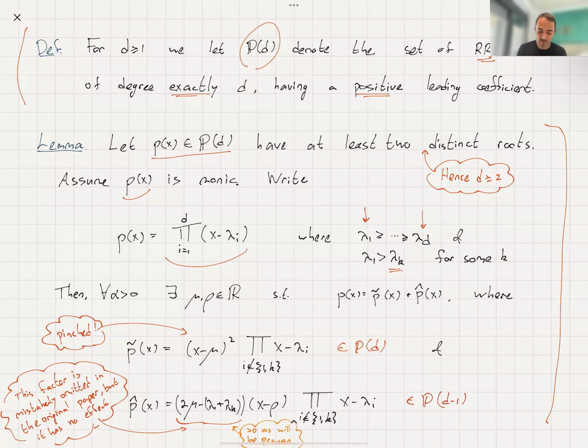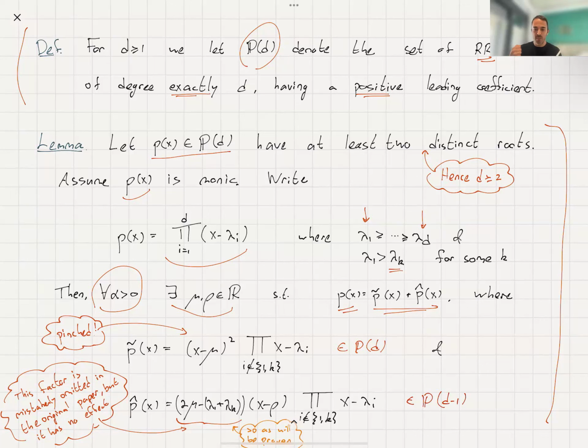Then for every alpha larger than 0 that you give me, I can find two real numbers, mu and rho. With these numbers, I can decompose the polynomial as a sum. I can write the polynomial as a sum of two other polynomials.